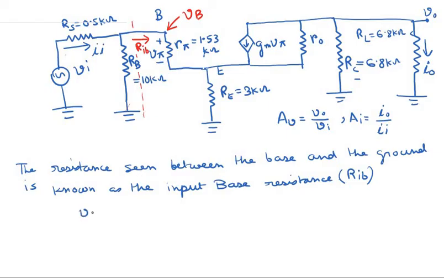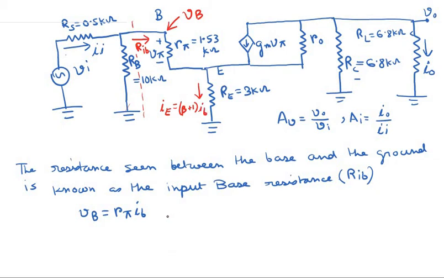So VB is basically equal to R pi times IB, because a current of magnitude IB actually flows through this resistance R pi, and then through this emitter a current of magnitude beta plus 1 times IB flows. IE is basically equal to beta plus 1 IB.